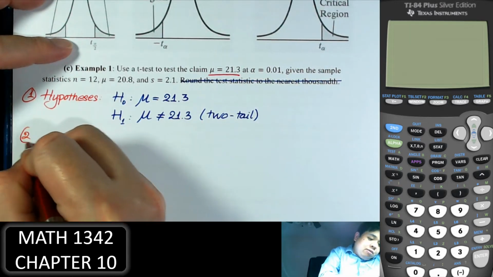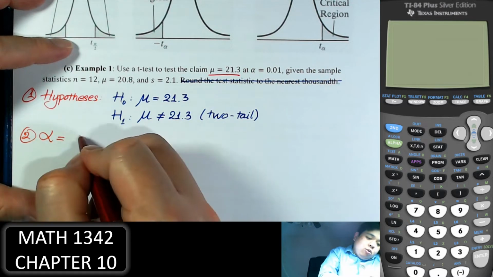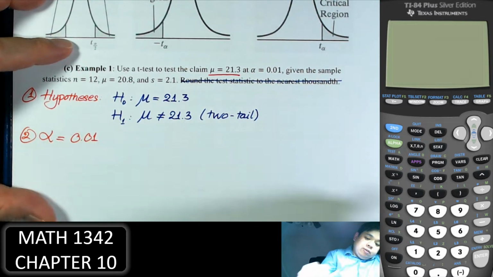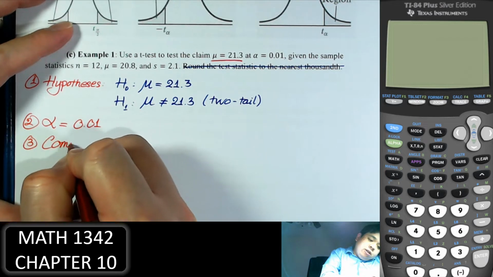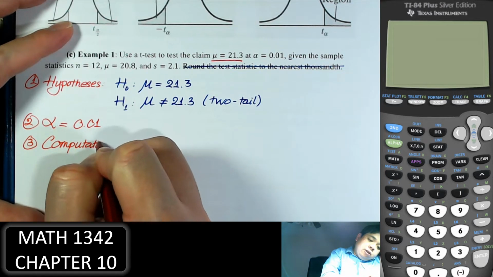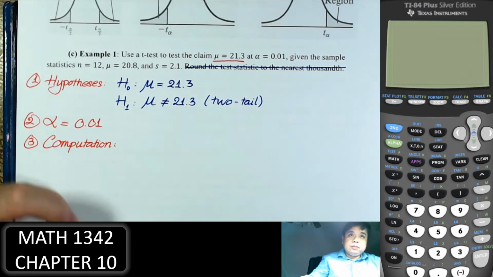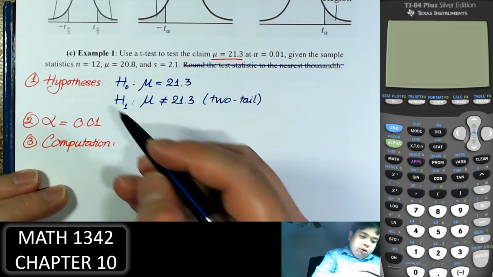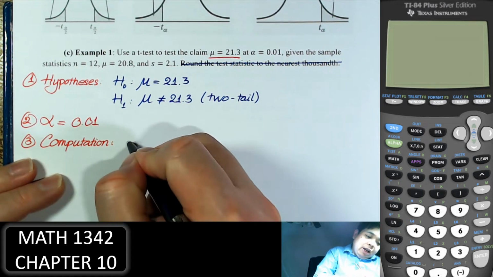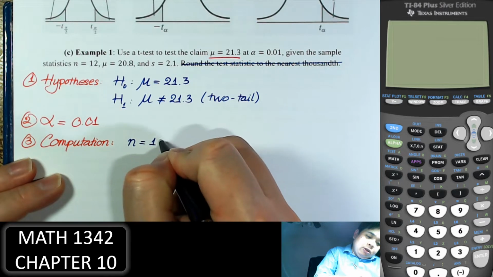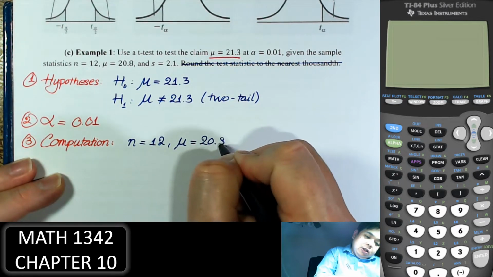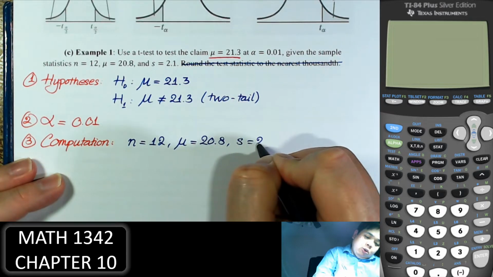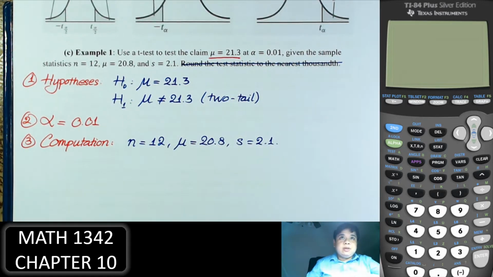And then the second step: alpha is 0.01. Step 3 is the computation. For the sample we have n equal to 12, x-bar 20.8, and s is 2.1.